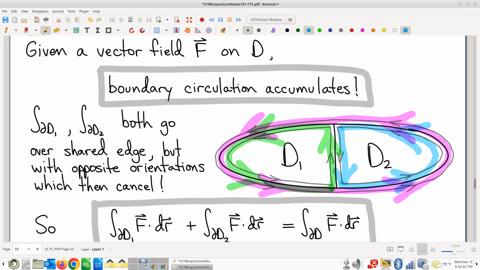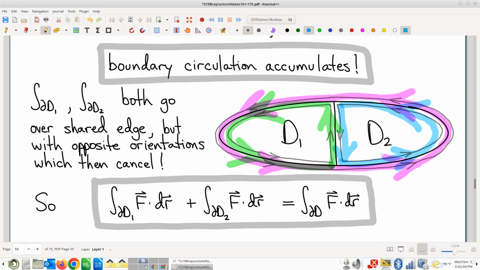Keep in mind the goal: if I were to claim that this is an accumulation, I would need the left boundary circulation plus the right boundary circulation to equal the overall disjoint union boundary circulation. I need green plus blue to be purple. Is green plus blue equal to purple?